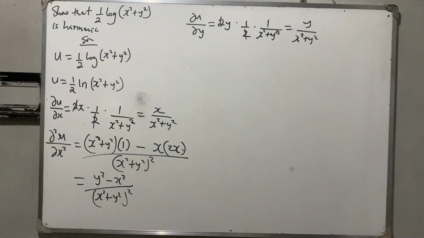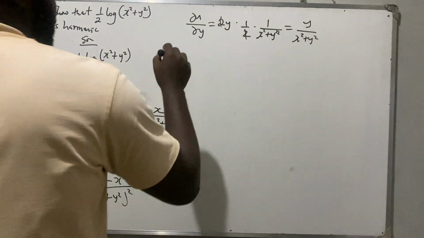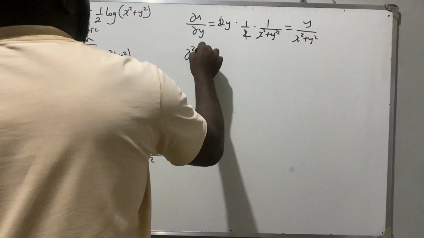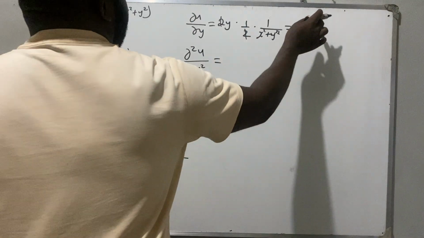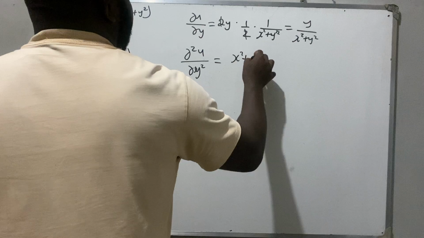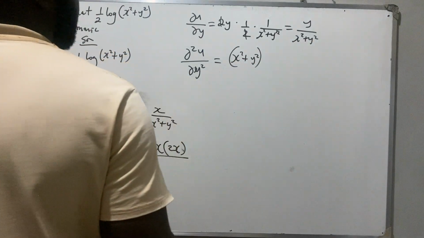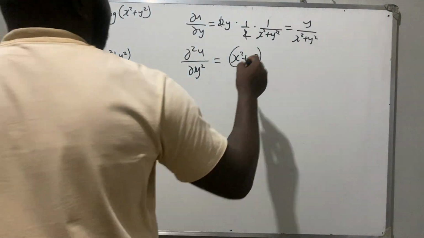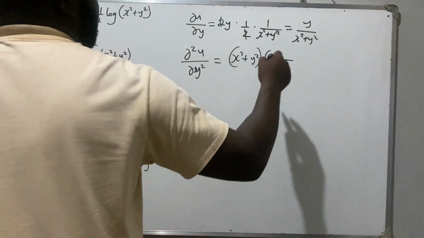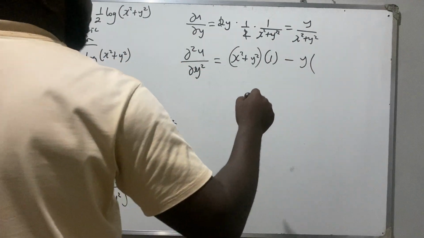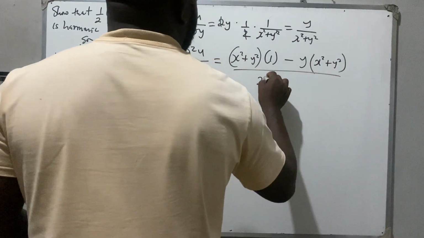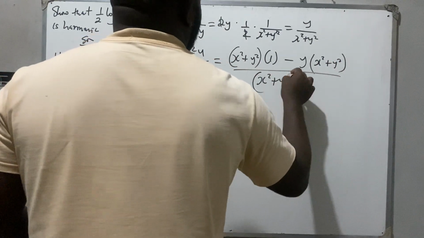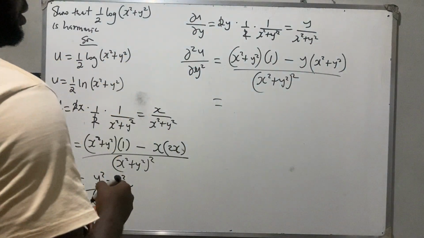Okay, so with this, what do we do? Sorry, we do the second derivative. Partial squared u over partial y squared will now be equal to, leave the denominator, x squared plus y squared, differentiate the numerator, you have 1, minus, leave the numerator y, differentiate the denominator, you have 2y, all over the denominator squared, x squared plus y squared all squared.